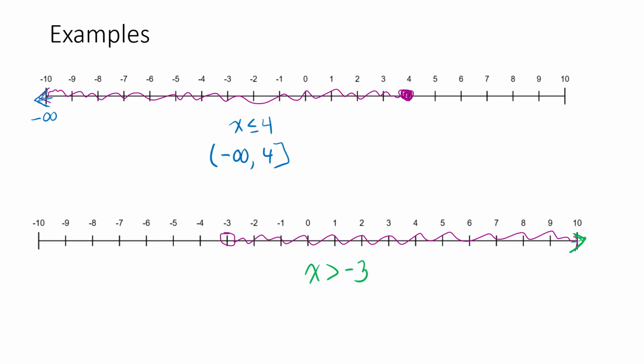In interval notation, now you're going to invoke that positive infinity because we're going to the positive, and we are going to make sure we always do the smaller number first. So it's -3, not including it, so we'll use the parenthesis, and this time it goes up to infinity, again also using the parenthesis.